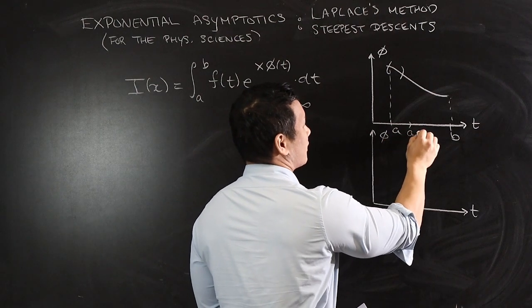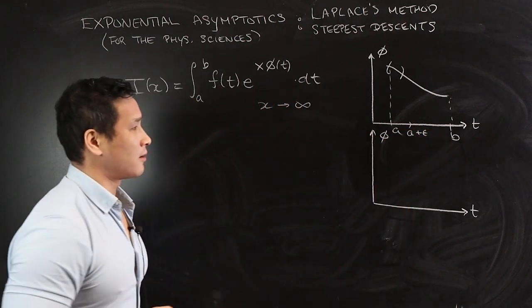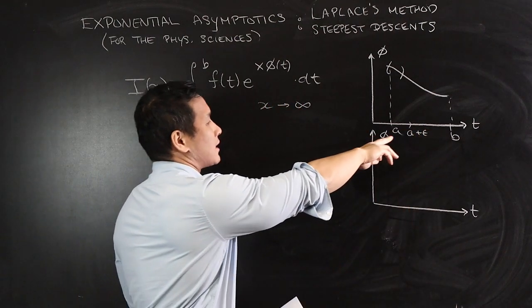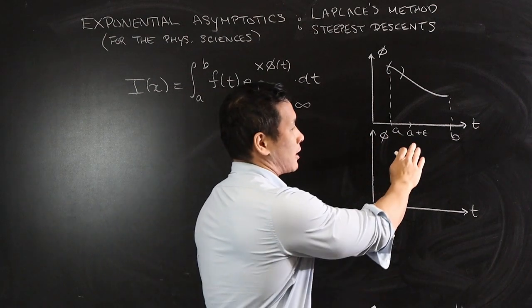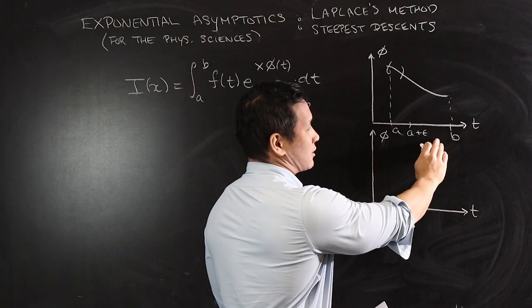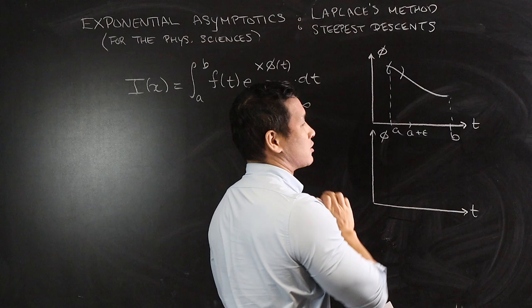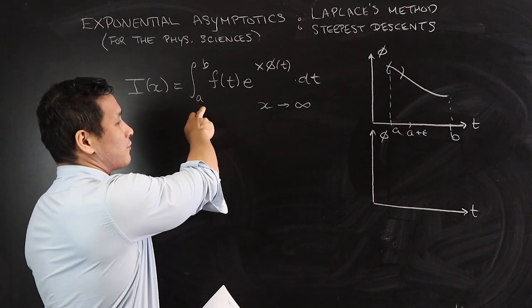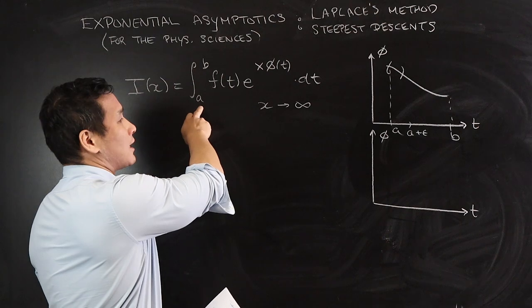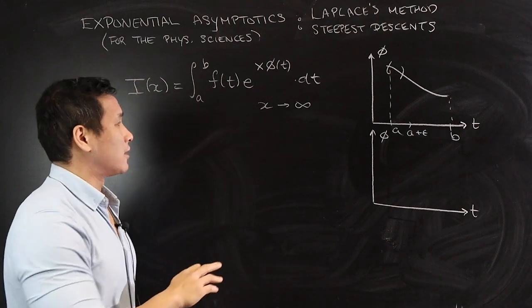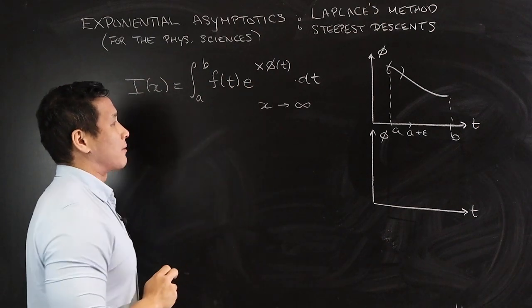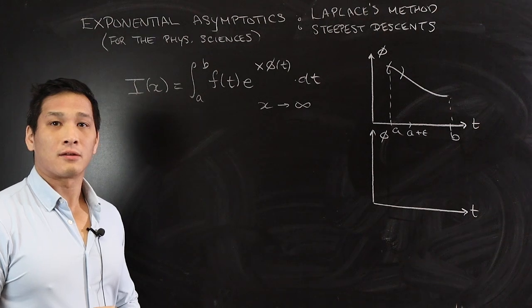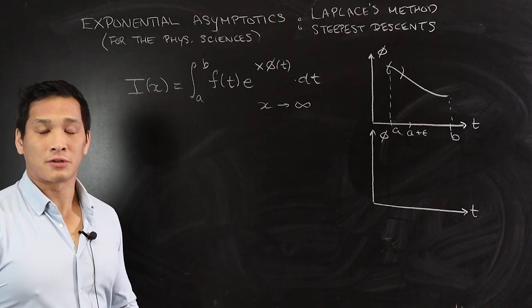So you might take an approximation from a to a plus epsilon. And anywhere outside of this neighborhood, it's going to be exponentially subdominant from the approximation inside the neighborhood. You truncate the integral from a to b to a plus epsilon, and then you essentially Taylor expand each of the components and then attempt to approximate that resultant integral.